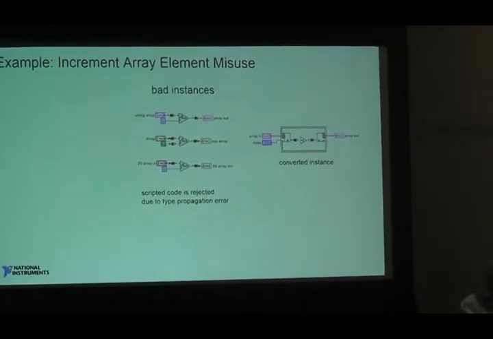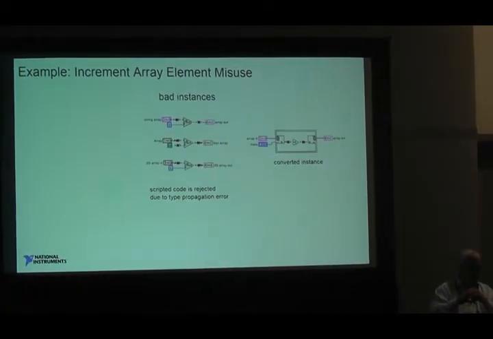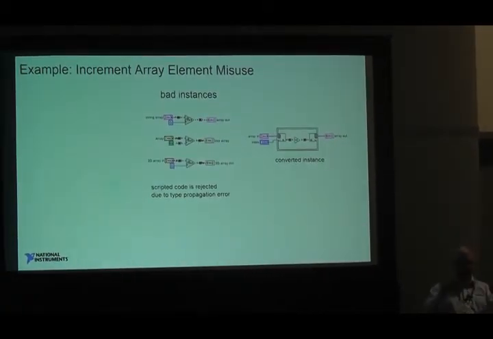In this case, for the top one, it created an instance VI that had a string array in and out, and when you index that, it has a broken wire going to the increment. And so when we see that the instance VI doesn't propagate properly, it ends up with a type prop error, we go back and say, all right, restore the default data types on the instance and let the wires in the caller break.